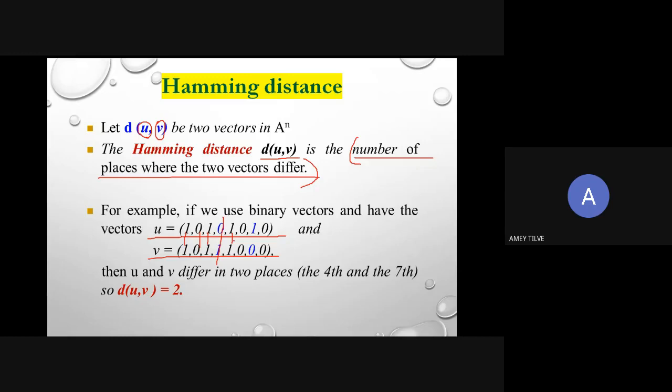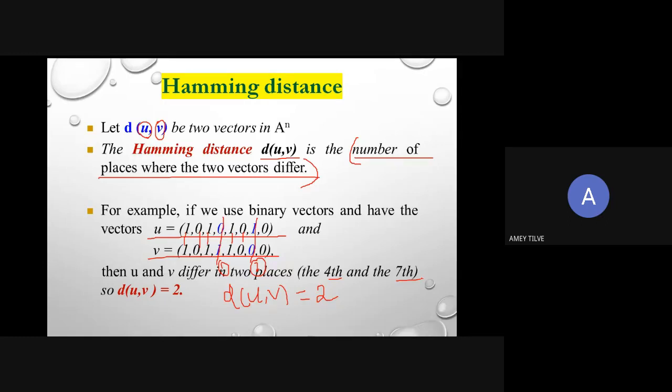Over here they match, over here they match, and 1 and 0 is again a place where they do not match. So d(u, v) is the number of places where they differ. This is the first one and this is the second one, so it is equal to 2, at the 4th position and the 7th position. This is your Hamming distance, where you calculate the number of places where two vectors differ from each other.